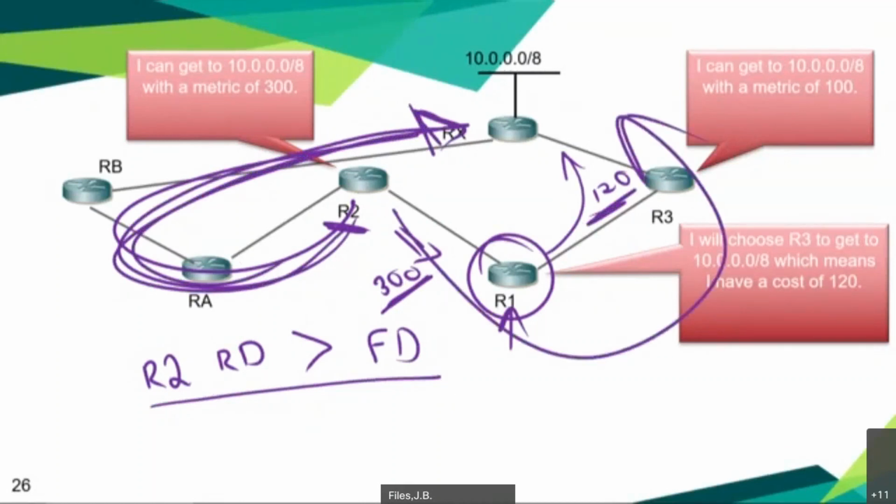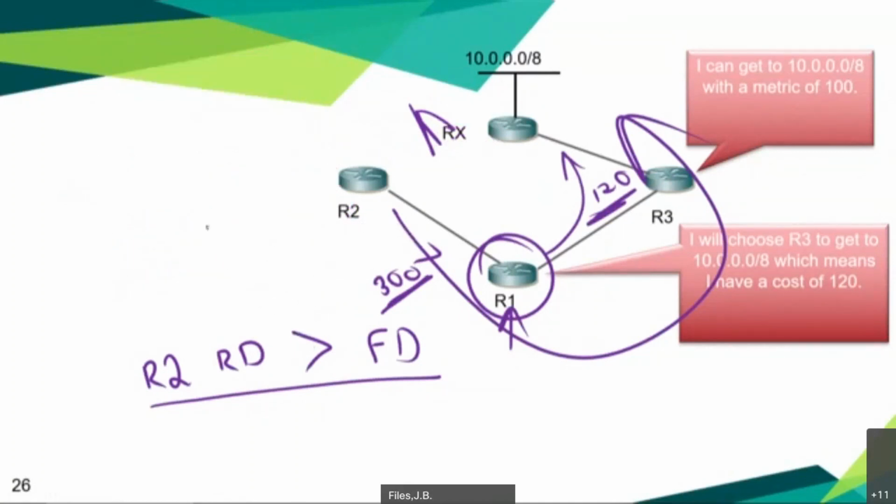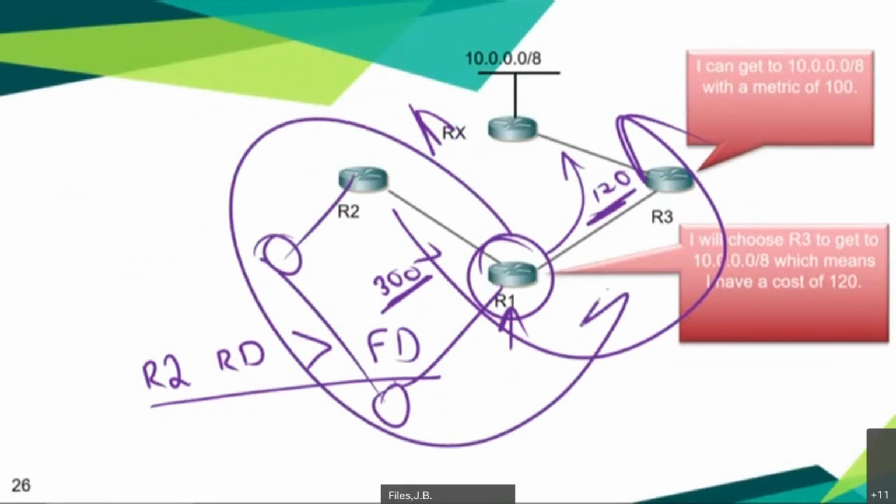We can see the topology. We can tell it's not looping through, but R1 doesn't know that, right? R1 can't tell that this is the topology, right, versus this. So for all R1 knows, that could be the path, and that's a loop, and we can't have that.